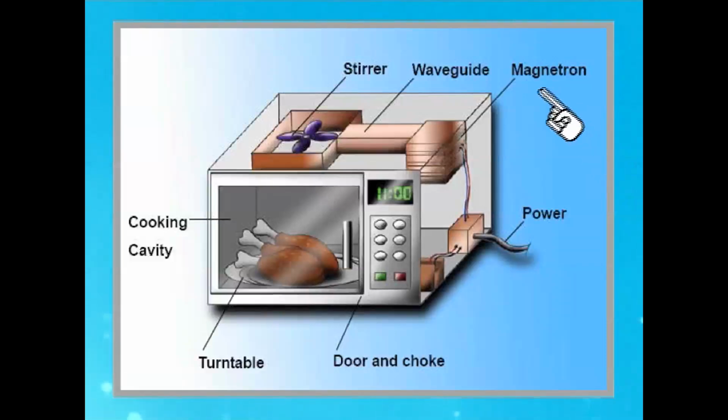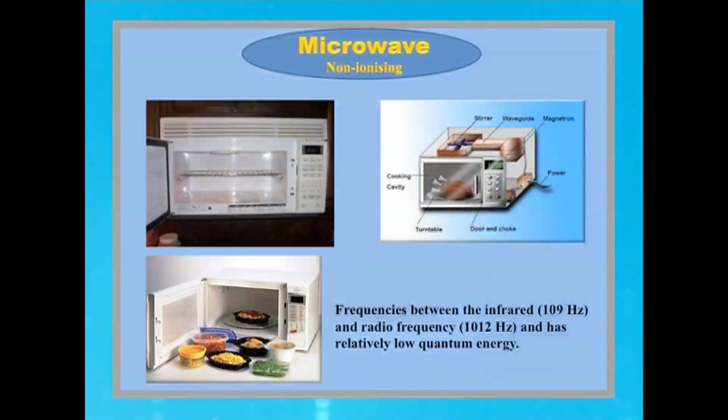This magnetron produces waves of frequency between the infrared and the radio frequency, that is from 10^9 Hz to 10^12 Hz. It has relatively low quantum energy and therefore it causes the production of thermal energy.